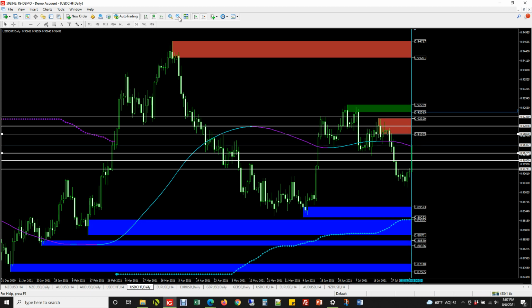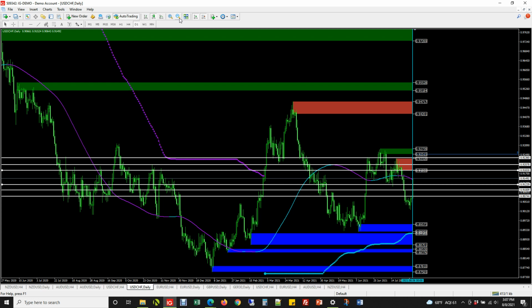Overall, if you zoom out on the daily, we are in a long time frame. However, we're kind of in a triangle trend here. You can see that. Price is making up its mind where it wants to go. This is where we have to be patient. We'll probably experience a little bit of consolidation in these upcoming weeks. But we'll see.